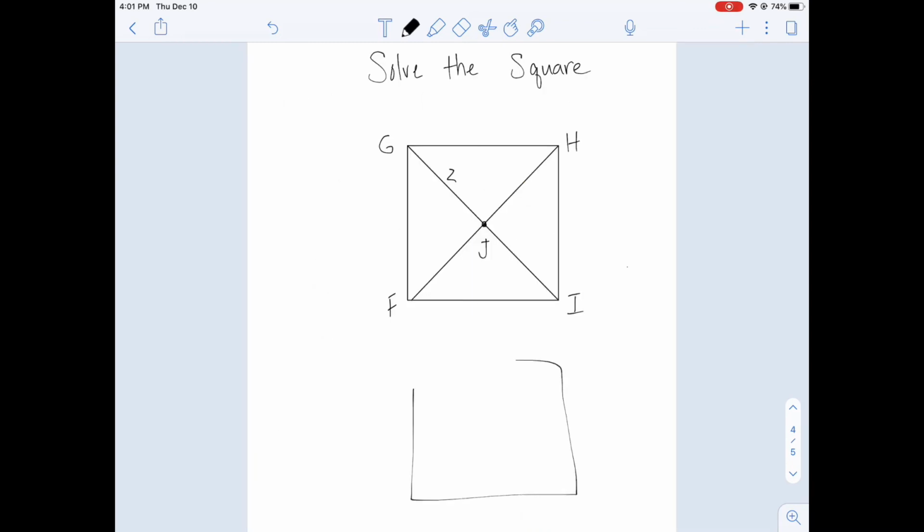And this is a square, and squares have some really cool properties. So a square is just all 4 right angles and all of the same sides. Let's make this 5. So start with the outside.